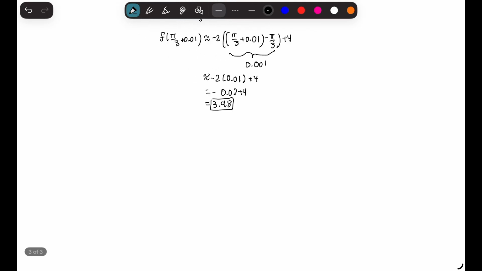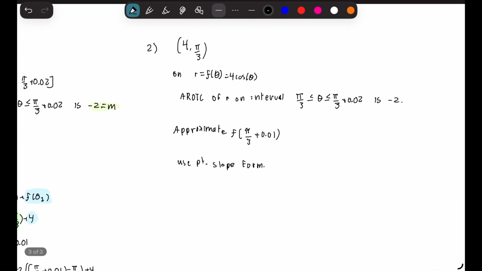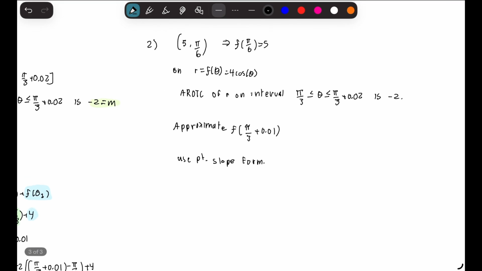Now, let's say that we have a point 5 pi over 6, and f of pi over 6 is equal to 5, and our average rate of change is 5 pi over 6.